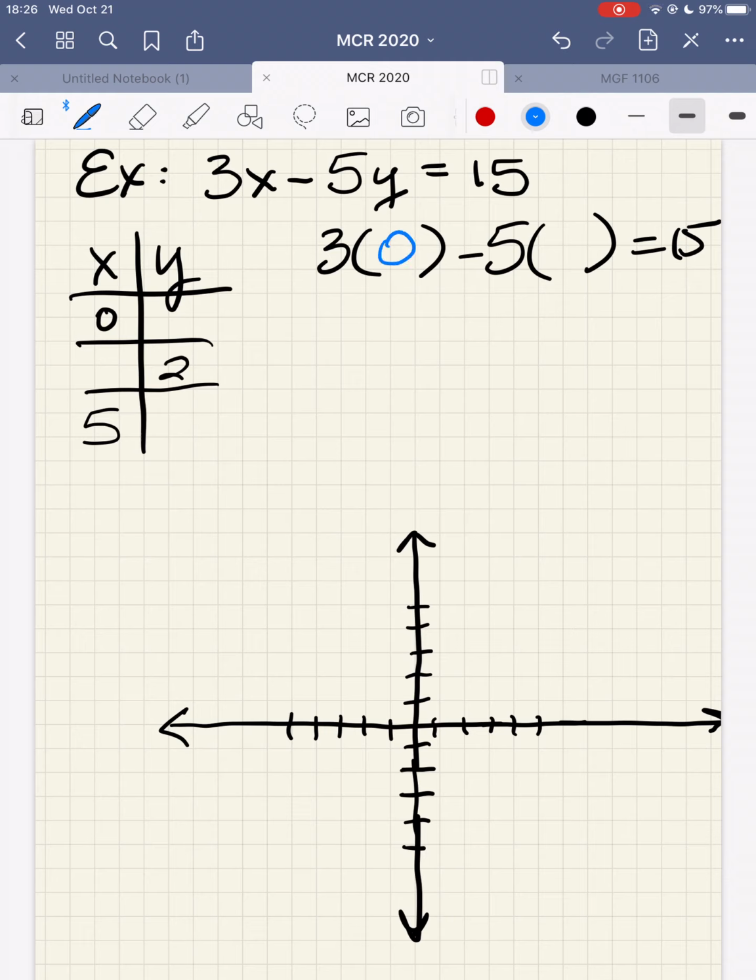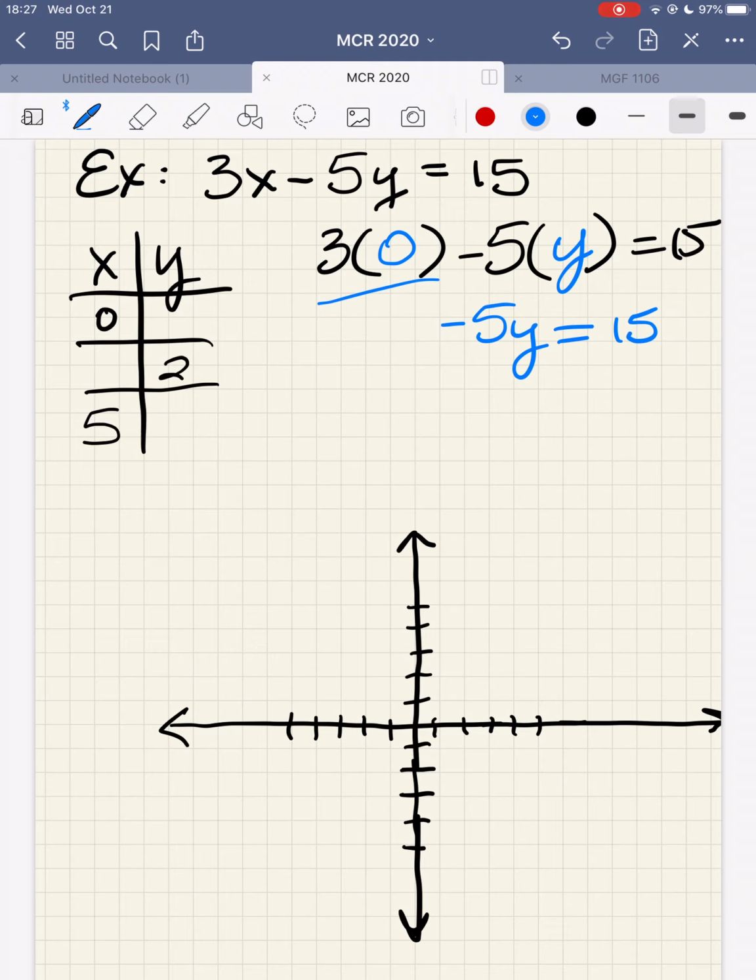So if x is 0 here, that means this is still a y, which means I need to solve for y. Now 0 times anything is 0, so this part is going to cancel out. We're not worried about that. And I have negative 5y is equal to 15.